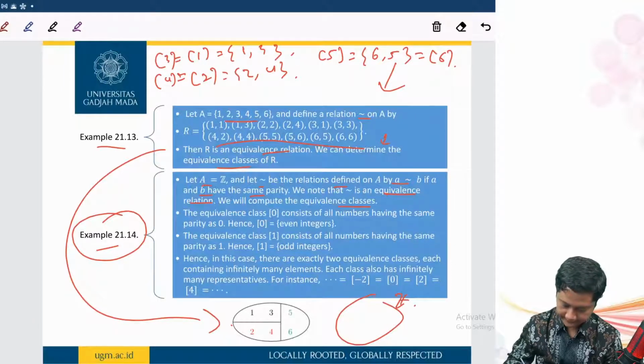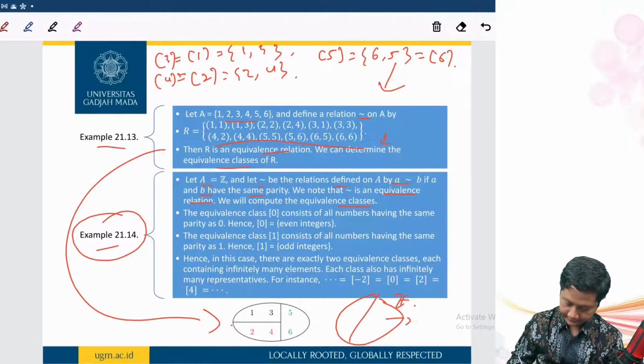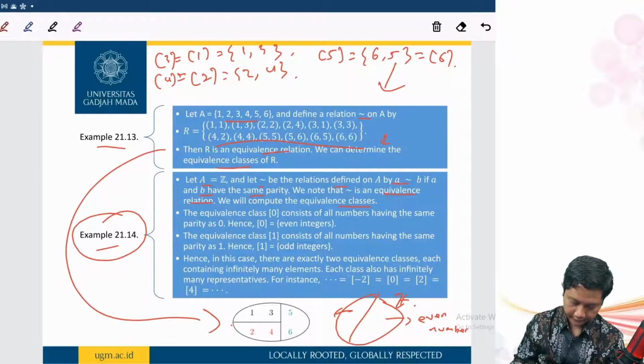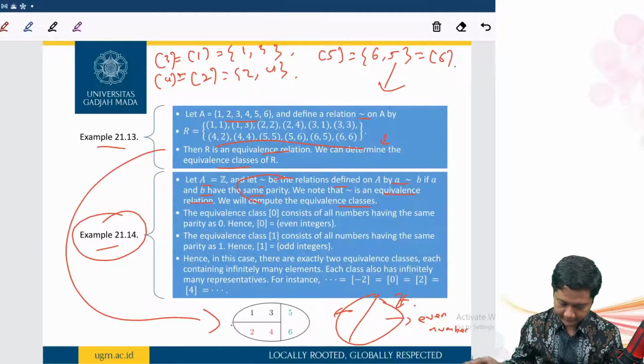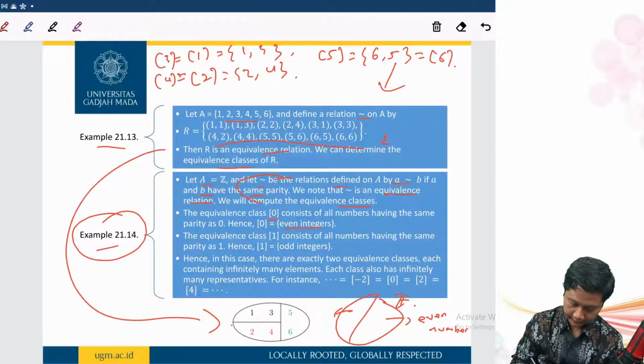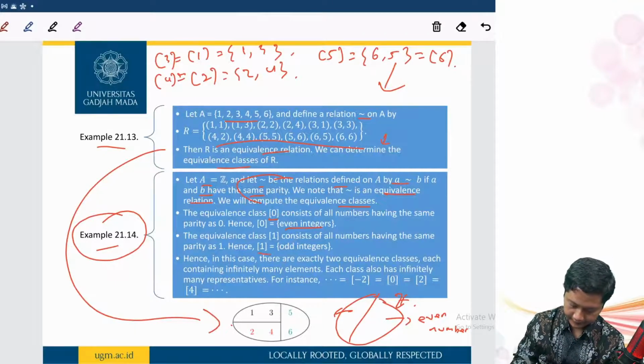When we have this Z, we can divide it into 2 blocks. This part is even numbers, and this one is not even numbers. So that's the equivalence classes in Z with the same parity relation. Why? Because the class of 0 is equal to the set of all even integers, and the class of 1 is equal to the set of all odd integers.